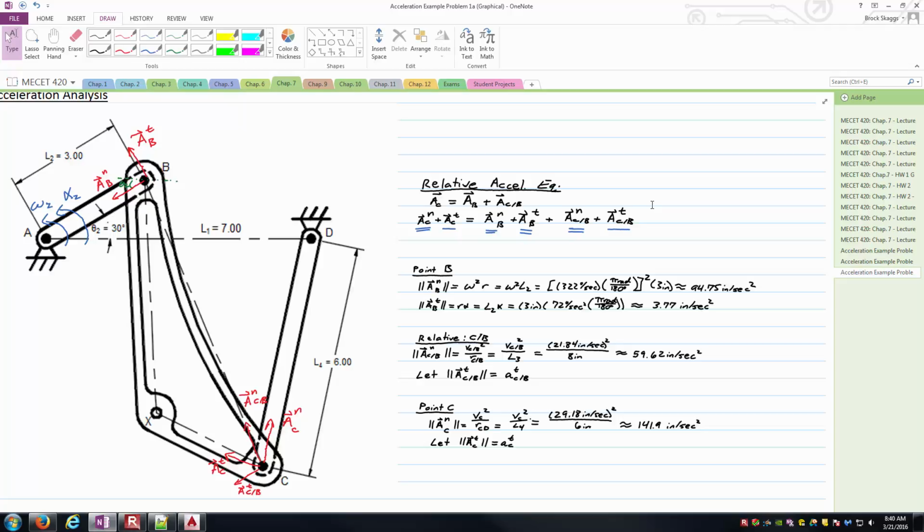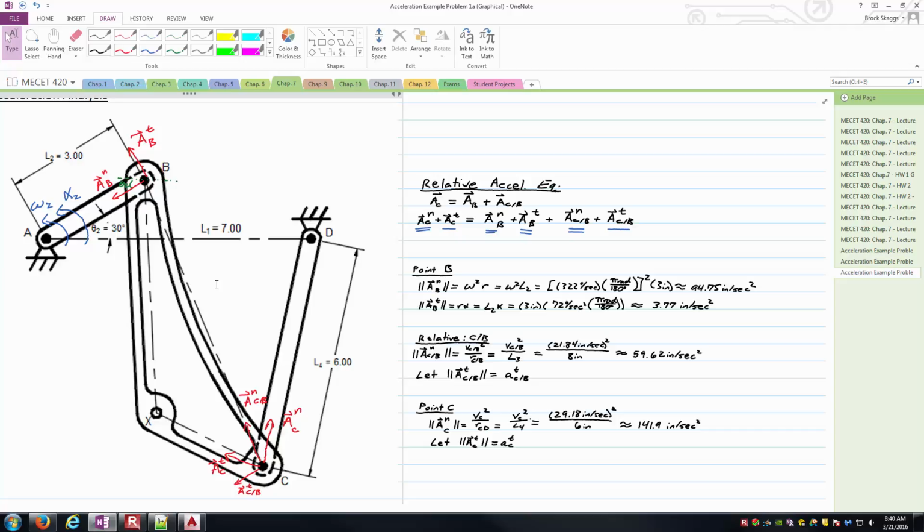Same idea as far as figuring out the directions of the vectors, the normal and tangential components. Remember, the normal component always points back toward the center of rotation. The tangential component is always perpendicular to the normal component, and it always has to agree with the angular acceleration of the given length.